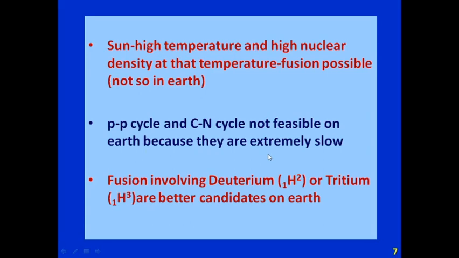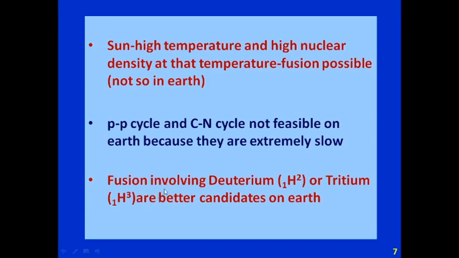In the Sun and other stars you can have a large number of protons and helium, whatever nuclear fuel is there, but the time taken for one particular reaction may be very large. That means the reaction is extremely slow. Those slow reactions we cannot use on Earth because we want immediate energy.